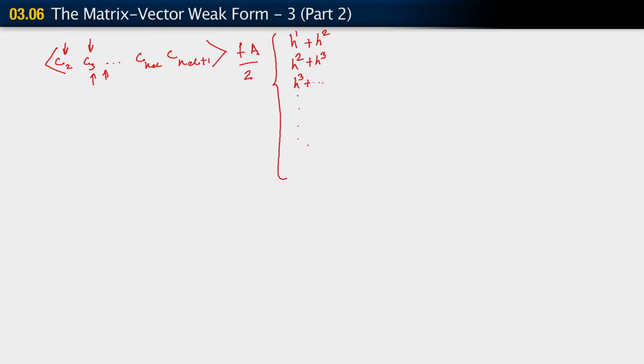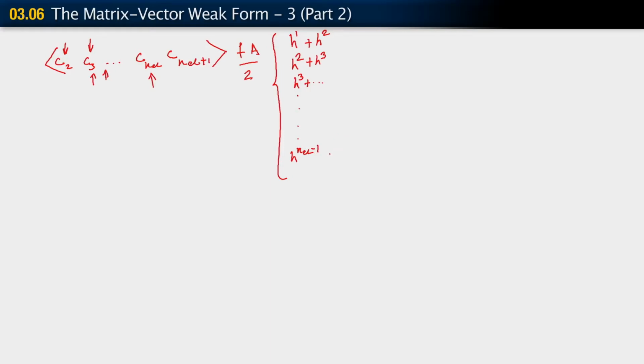until we reach the last two entries in this forcing function. Okay? The last but one entry will have a contribution corresponding to CNEL, but that would come from the last but one element. Okay? And so that contribution would be HNEL minus 1.